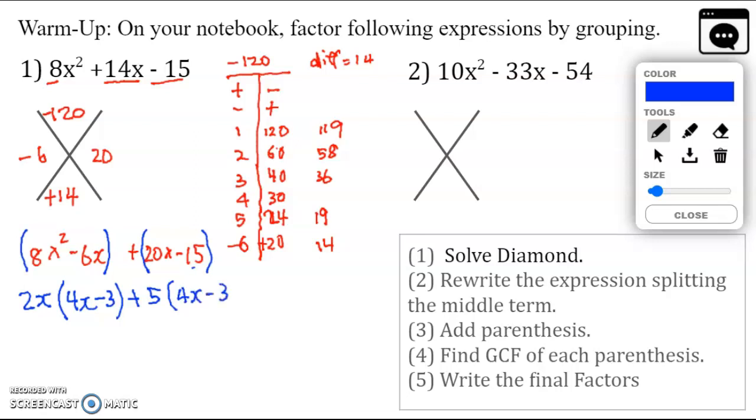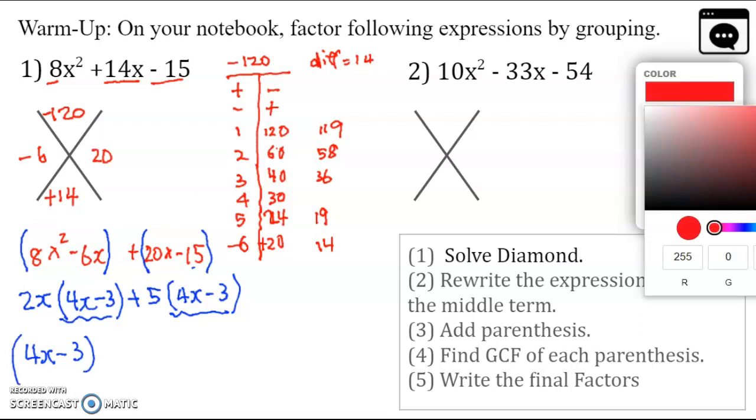Negative 3. And now notice that we have 4x minus 3 here and 4x minus 3. That is a common factor to both the first half of the expression and the second half of the expression. So I am going to take that out as my common factor, which leaves me with this 2x here.